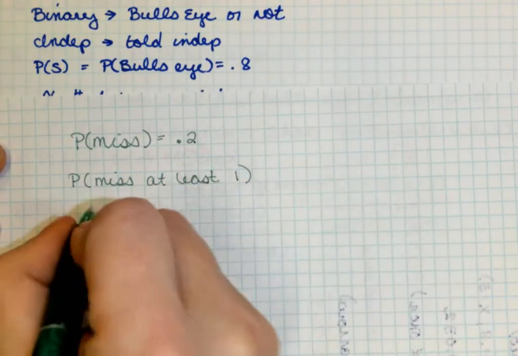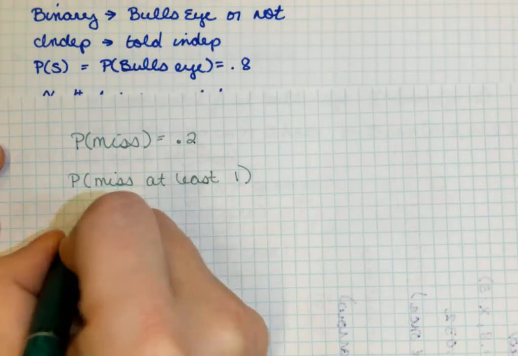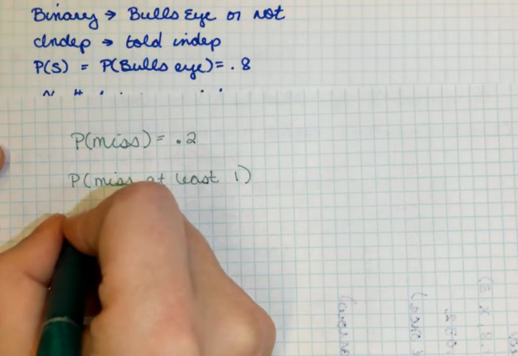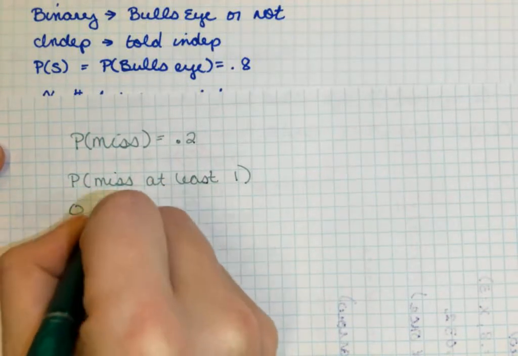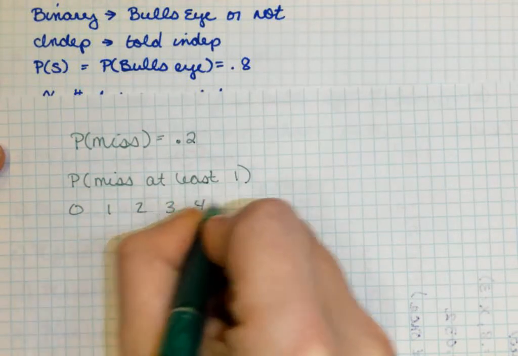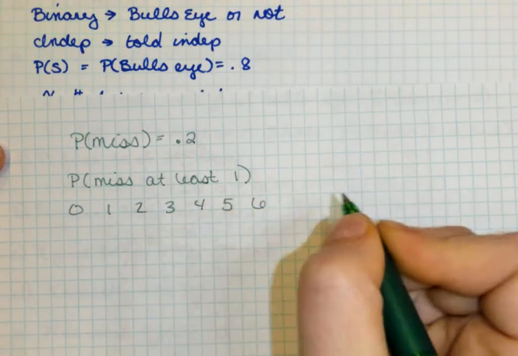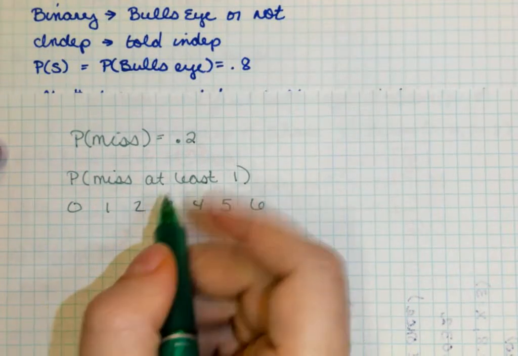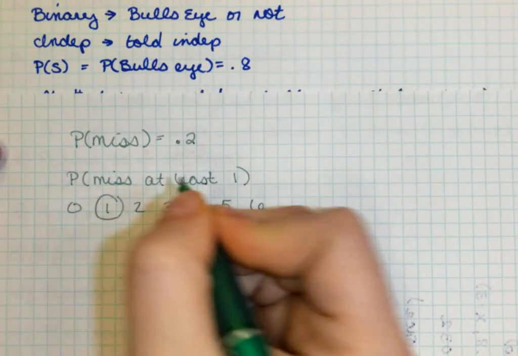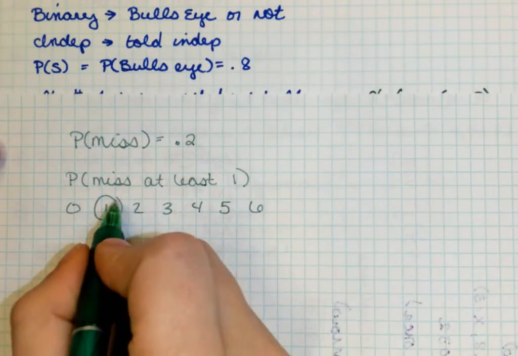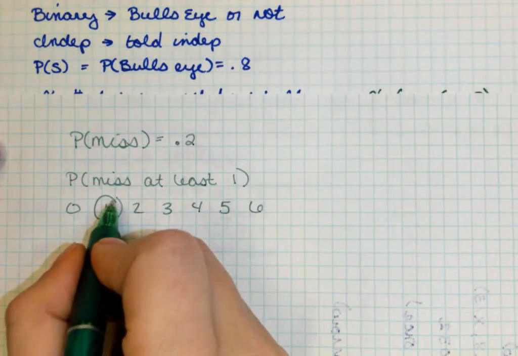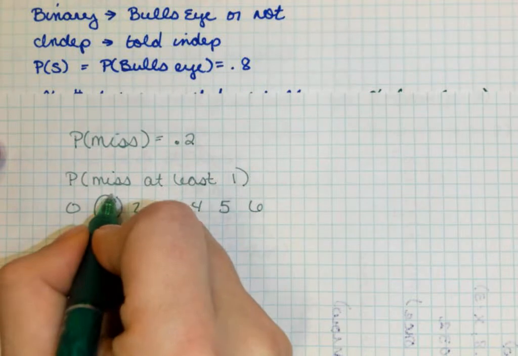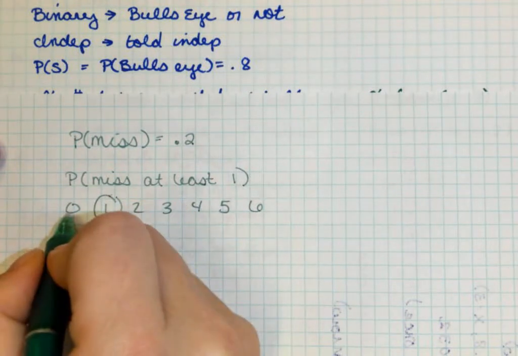What are the fewest number of misses I could make? 0. What's the most number of misses? 6. I'm saying the probability that I miss at least one. One's included in that. At least goes which direction?